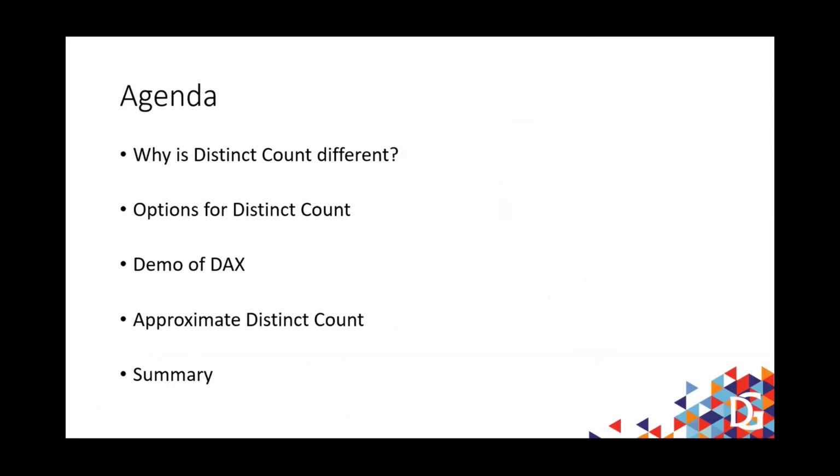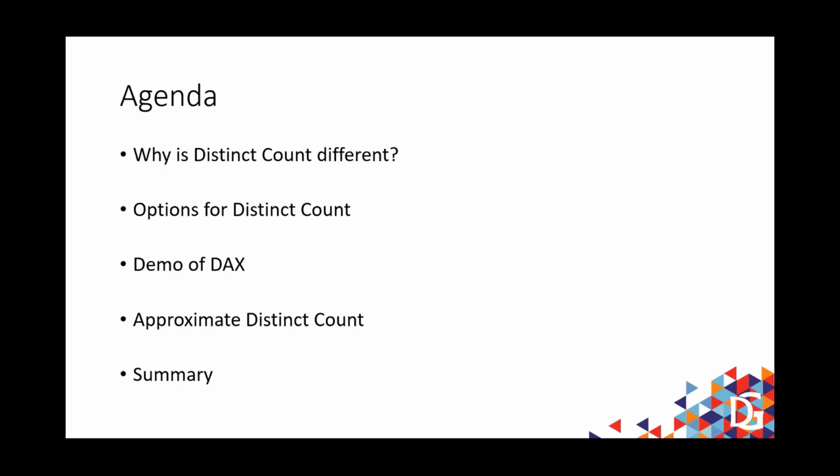So the agenda today, we'll just quickly run through this. We're going to focus a little bit on why the distinct calculation in particular is different from other calculations, because it's very important to understand this. And I want to run through some exercises which hopefully will help you understand this. We're going to look at different options for ways that you can write distinct count.